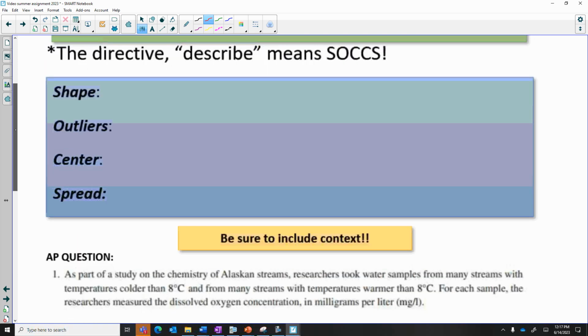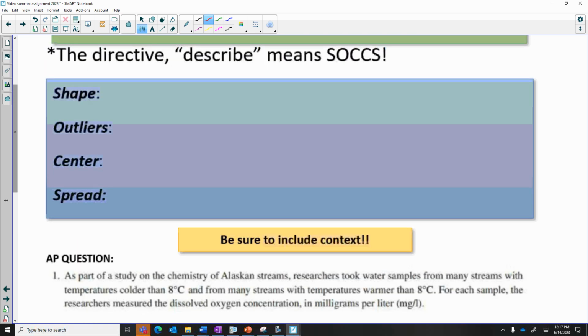So what is SOX? SOX stands for shape, outliers, center, and spread. And there's an extra C in here, and you're like, what's that C for? The extra C is in context. So the context is the real life setting of the question. So they don't want you to just write skewed right with one outlier, with a median of this and a range of that.